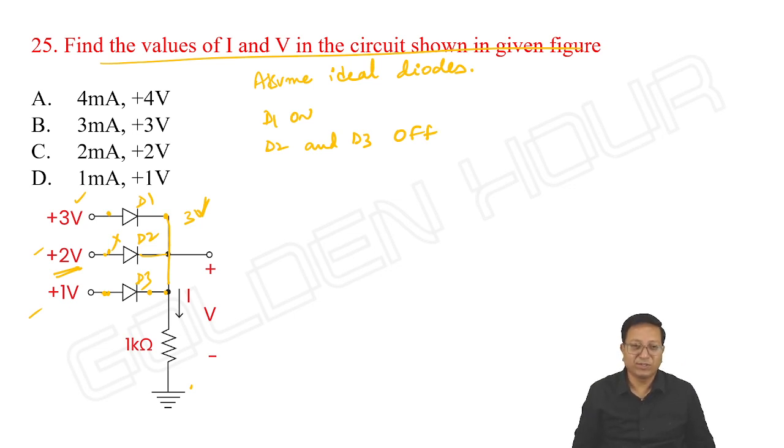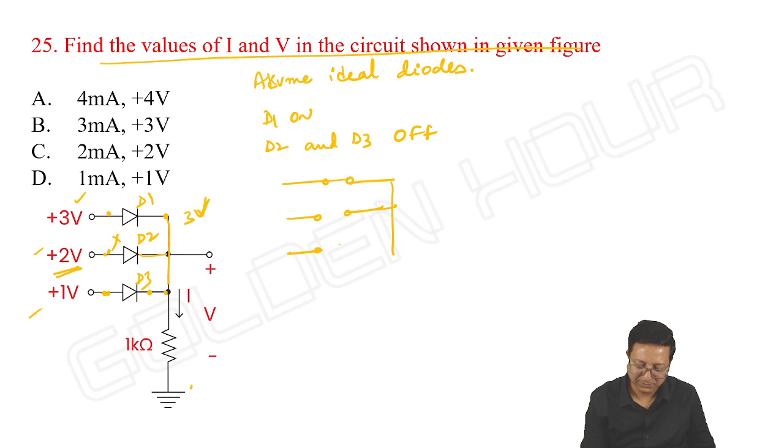Then what is the equivalent circuit? 3 volts, 2 volts, 1 volt. We have the output and this current I. I is equal to ID1. This current is ID1.